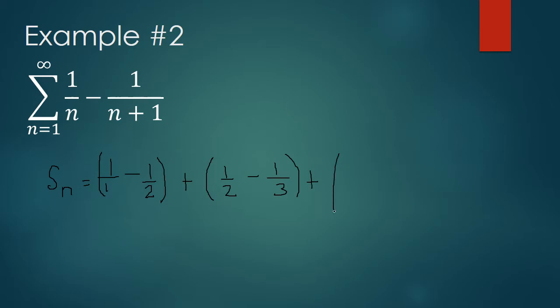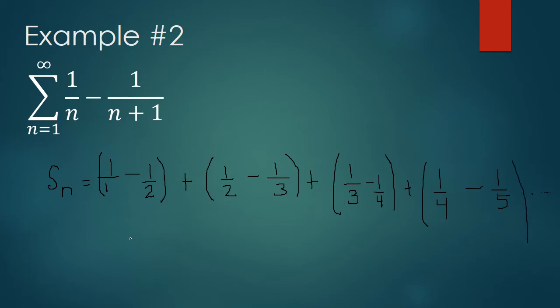Plus my next term is going to be 1 over 3 minus 1 over 4. Plus my next term will be 1 over 4, right? First, second, third, fourth. Yep, 1 over 4 minus 1 over 5. And then I'm going to keep on going, right?